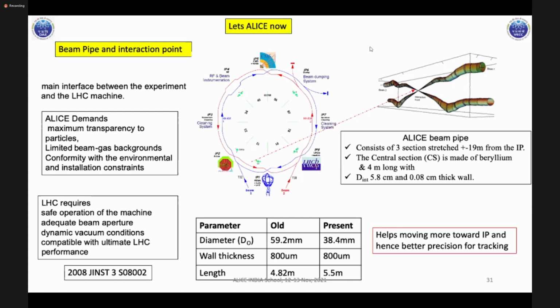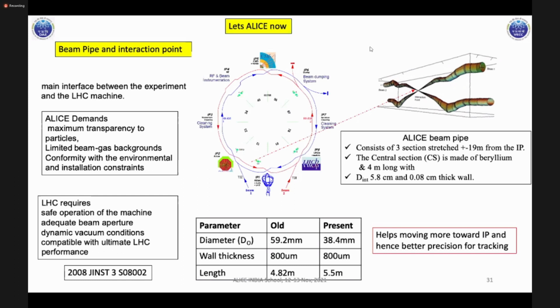wall thickness, and length. Before this present long shutdown, LS2, the diameter was about 60 mm, the wall thickness was about 800 micron, and the length was about 5 meters. But because of the high luminosity beam that the LHC is going to deliver in this Run 3, the beam pipe needed to be modified at the experimental sites.